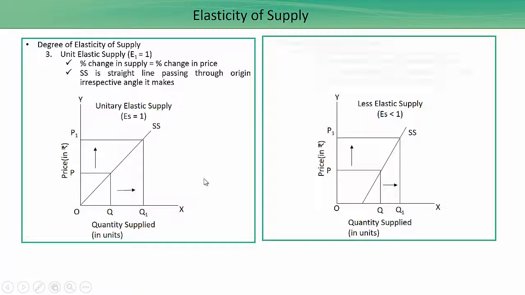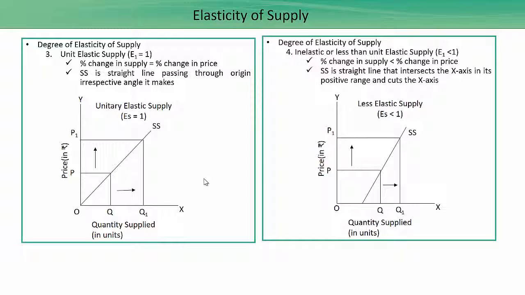Let's understand the next one, inelastic or less than unit elastic supply, a situation where Es is less than 1. Here the percentage change in the quantity supplied is less than the percentage change in the price. You can see the price increases from P to P1, and the increase is quite high.